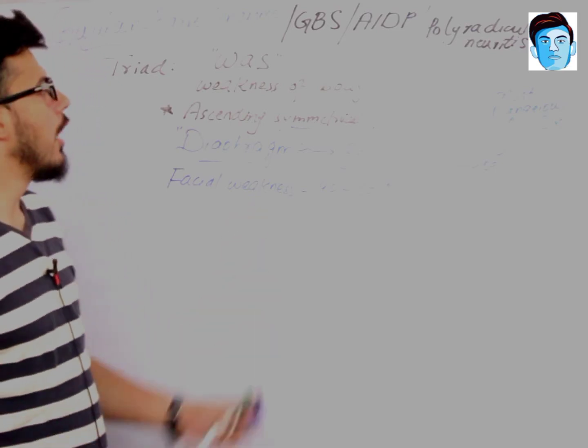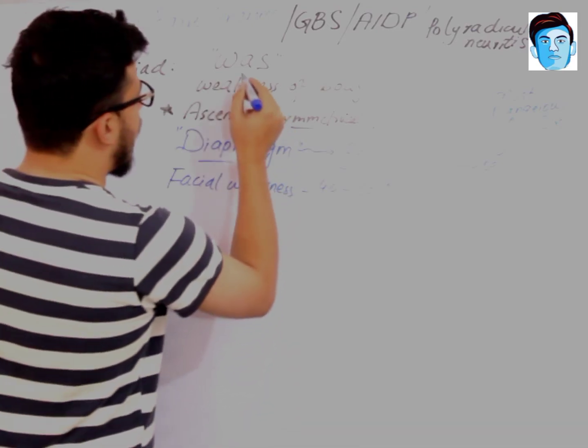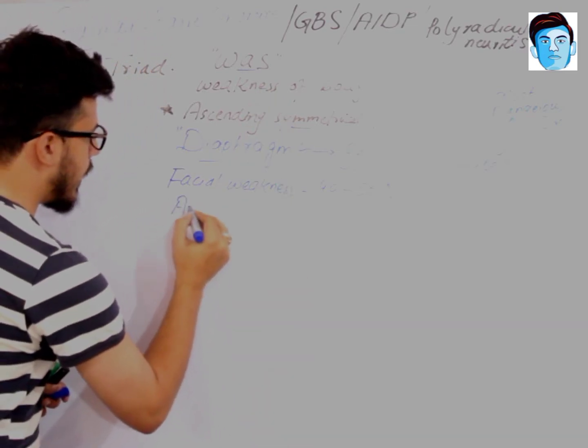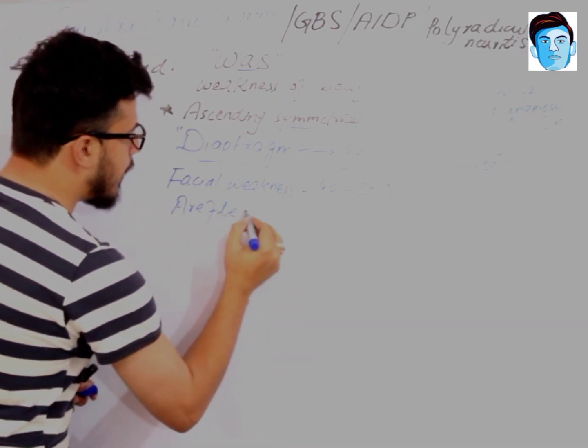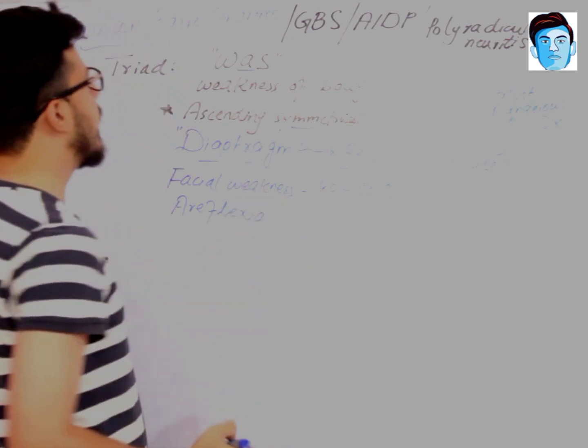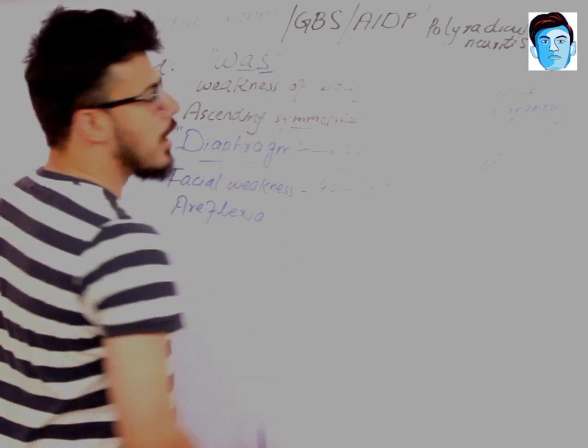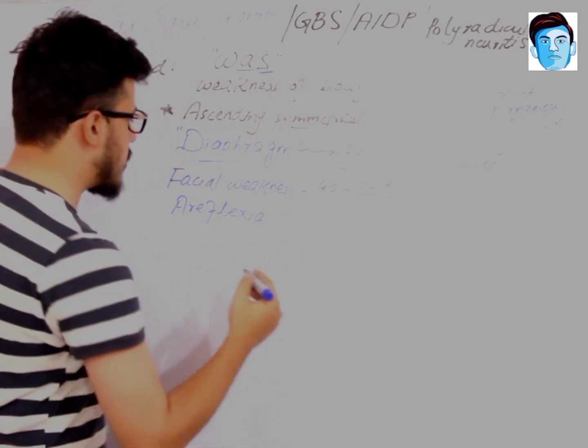So these are important. Also, A stands for areflexia. So there are no reflexes, no deep tendon reflexes in case of GBS. Then there is S, which stands for sensations.